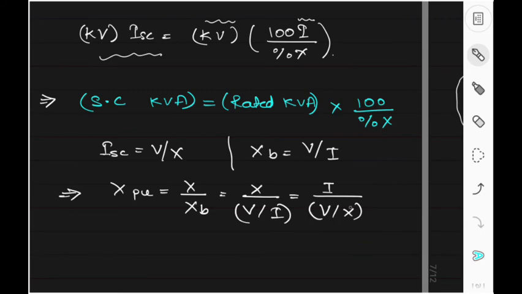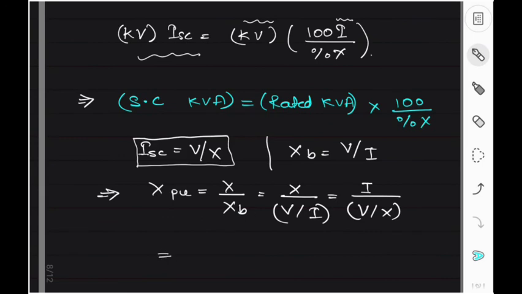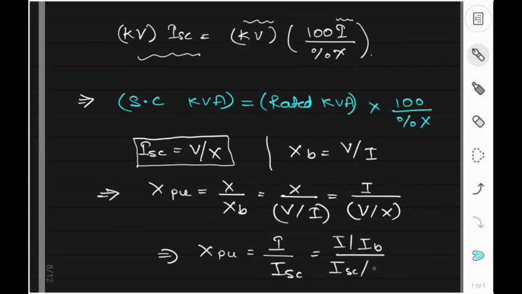So what is V by X? V by X is the short circuit current, right? This can be written as X per unit is equal to rated current divided by short circuit current, and we can write this as I divided by I base, divided by short circuit current divided by the base current.